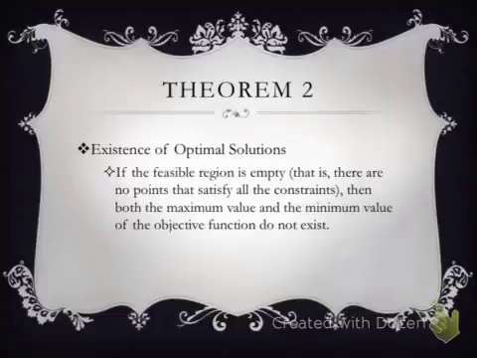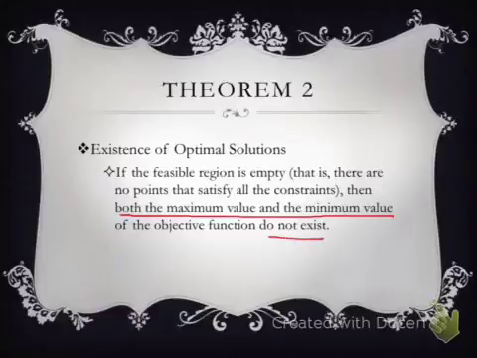And then the third point in our theorem is that if the feasible region is empty, then that would mean that there are no points that satisfy all the constraints. So if you are drawing out your system of inequalities, and as you're looking at the parts that should be shaded, you realize there's no particular region where all of the shading overlaps, then that means your feasible region is empty, and that means that both the max and the min value do not exist, which should make sense.